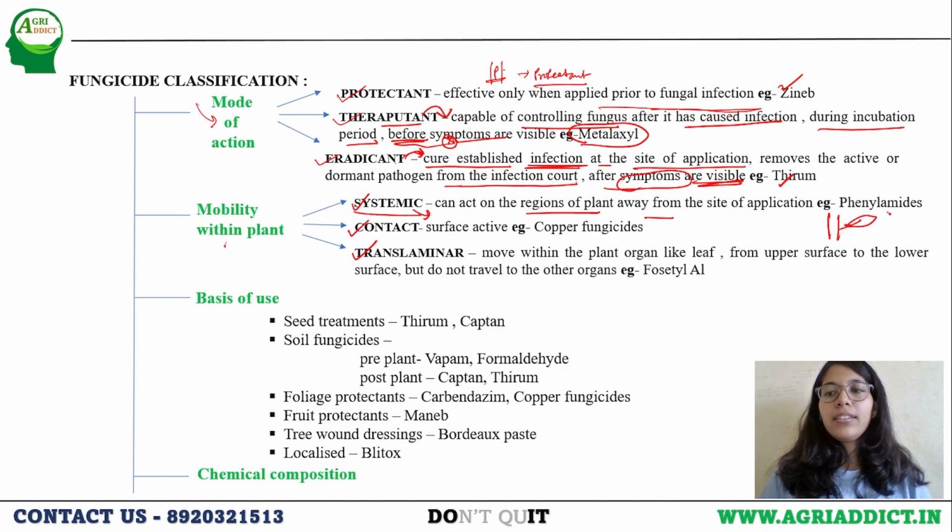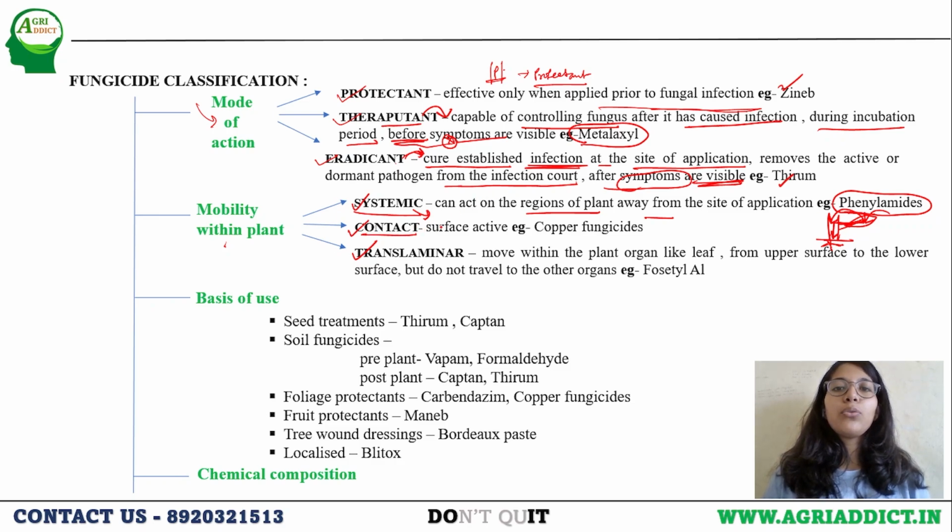We have applied the systemic fungicide on the leaves. That chemical can travel from the leaf to the stem and then to the roots. So it will travel from the site of application to the other parts of the plant. Examples are phenylamides. Phenylamides are generally systemic in nature.